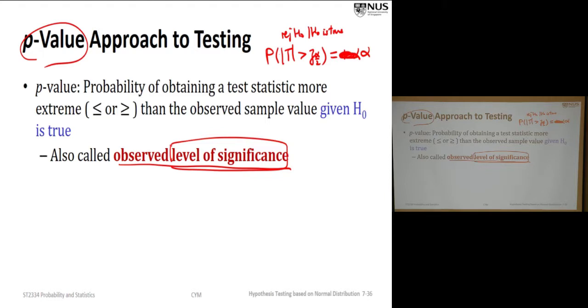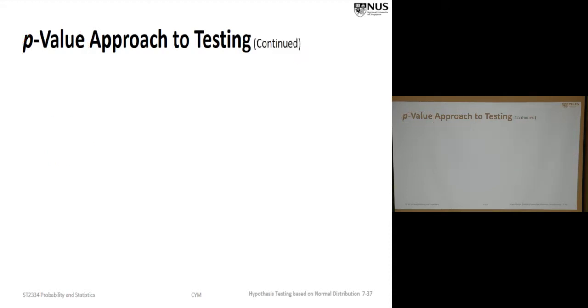So here, the p-value is considered as follows. In other words, you get a p-value. Let's say it is 0.15. So what does it mean? It means the probability of the test statistic being greater than what you observed is 0.15, for example.